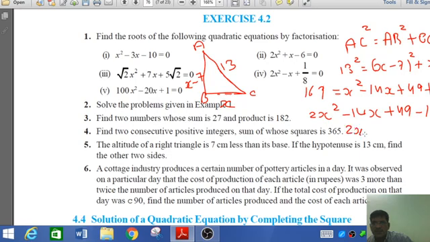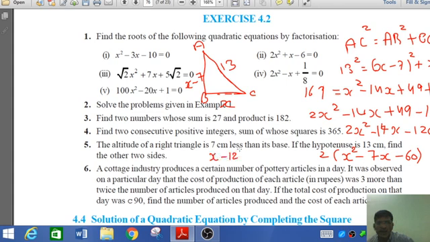So 2x square minus 14x minus 120. 2 common. So x square minus 7x minus 60. So now the factors of 60, that is 12 5s are 60. So x minus 12 and x plus 5.